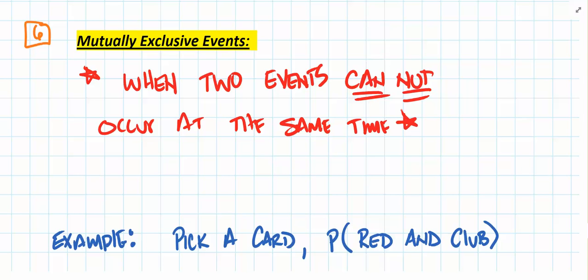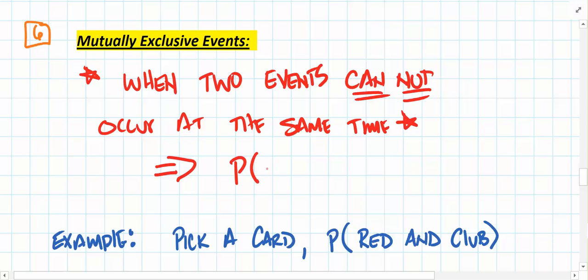So it's imperative to see the implication of this statement. The implication is that the probability of A and B must be what if they are mutually exclusive? Yes, I see a symbol for 0 in the back of the room. That's right.